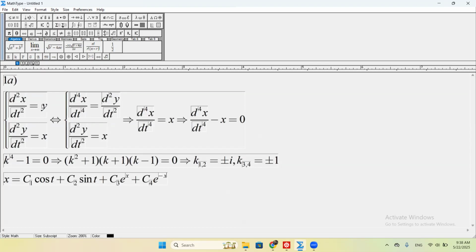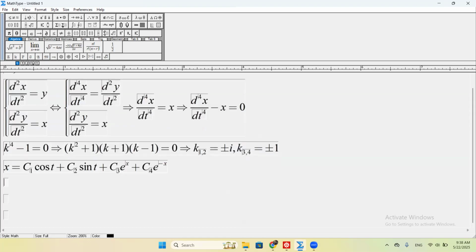And how to find y? We can find y from this equation. So y equals the second derivative of x. So let's differentiate x twice.